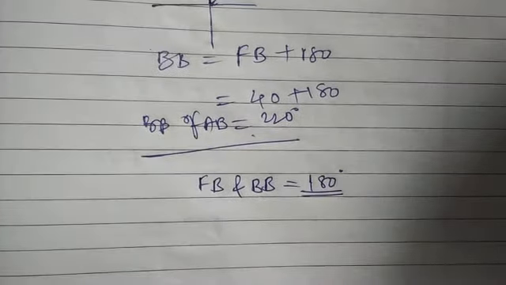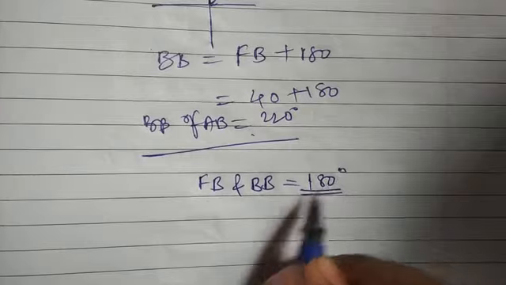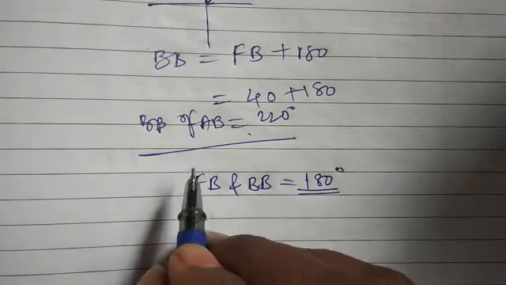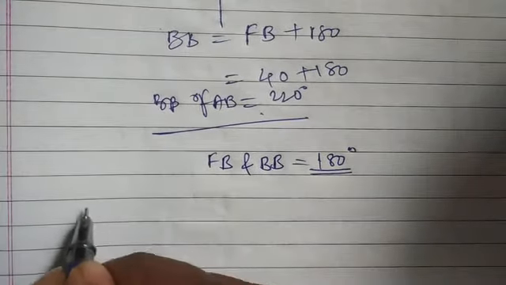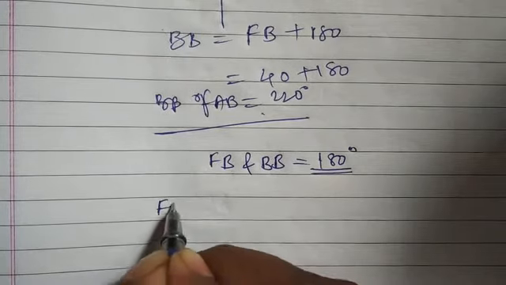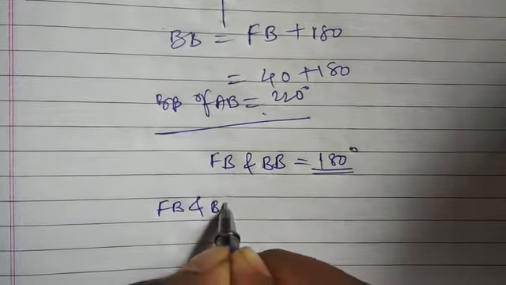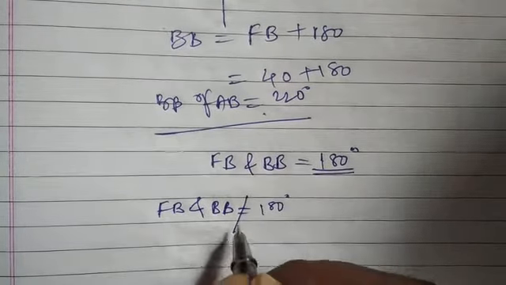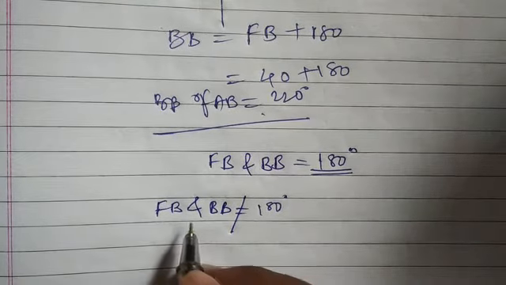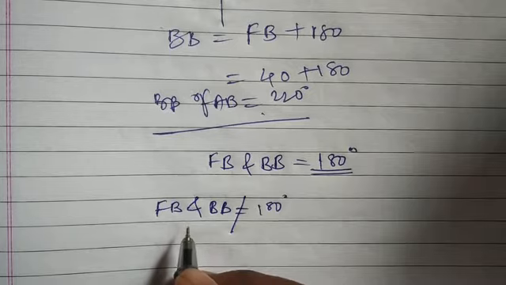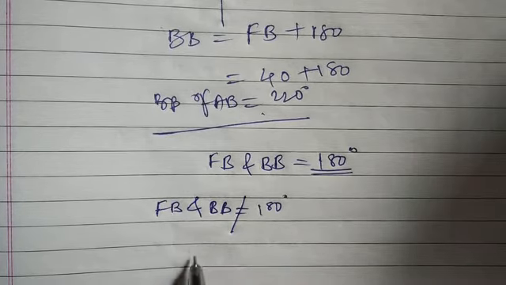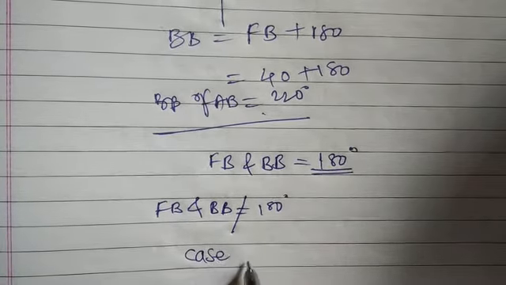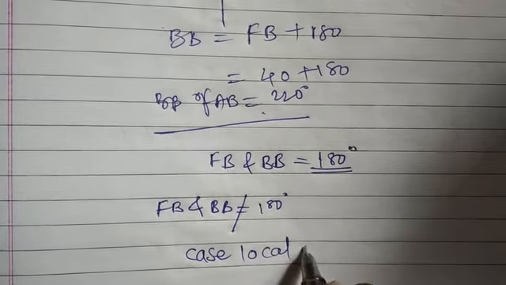If this is not 180 degree, then what will be the case? If the difference between forebearing and back bearing is not 180 degree, then in this case we call this a case of local attraction.